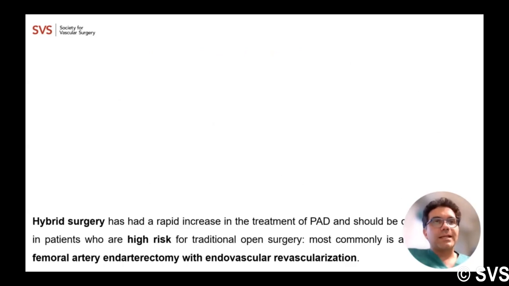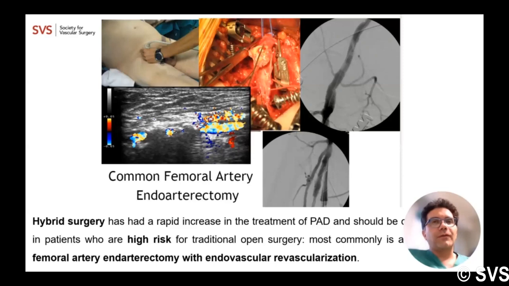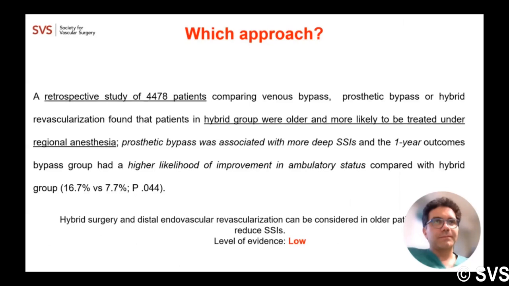We suggest hybrid surgery with treatment of the common femoral artery and retrograde or anterograde endovascular revascularization, or peripheral bypasses in case an endovascular approach is not allowed in such patients. So, as a low level of evidence, the hybrid surgery and distal endovascular revascularization, but we can consider it in older patients to reduce the risk of skin infection.